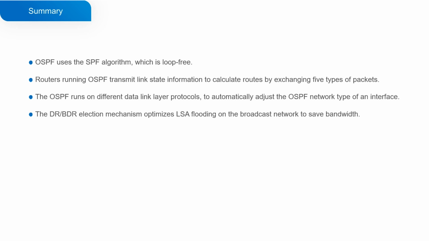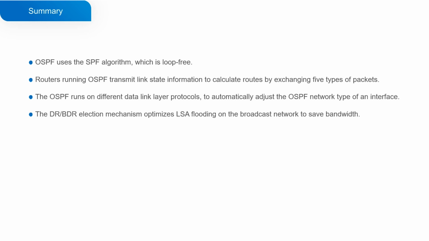For the neighbors, we just exchange the LSA information between each other, not the detailed routing information. Every router will have the detailed LSA information, and then we will build the complete LSDB. And for the LSDB, we use the SPF algorithm to calculate the routing table on every router.